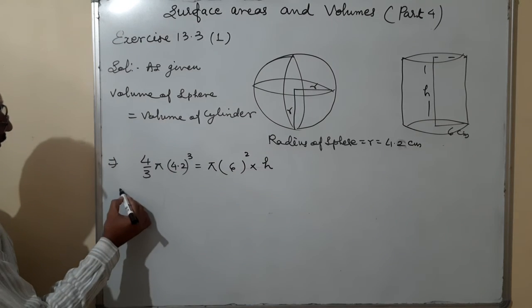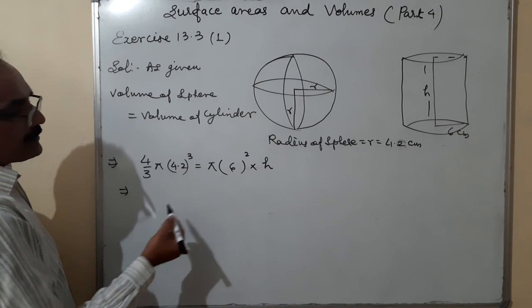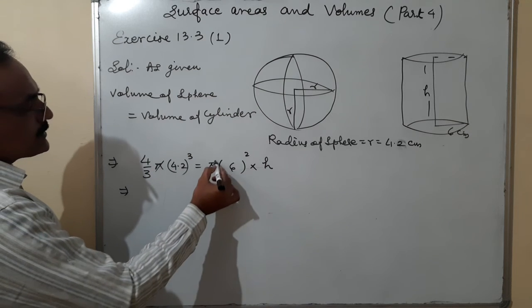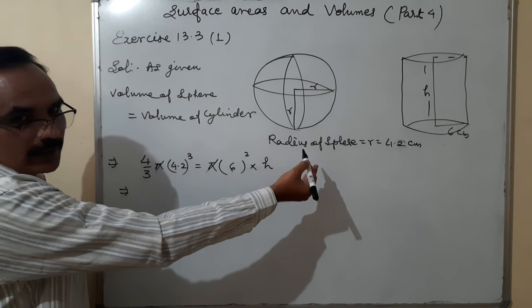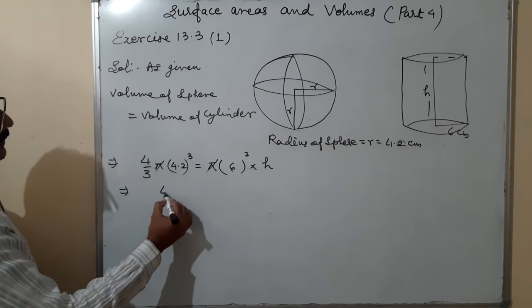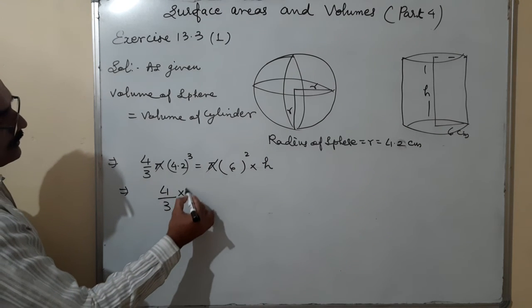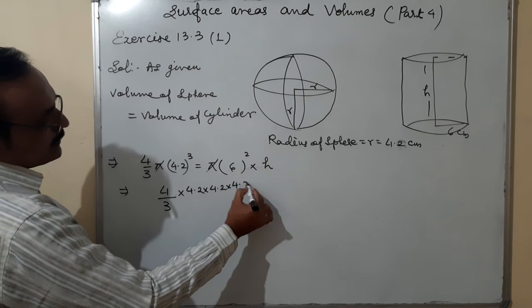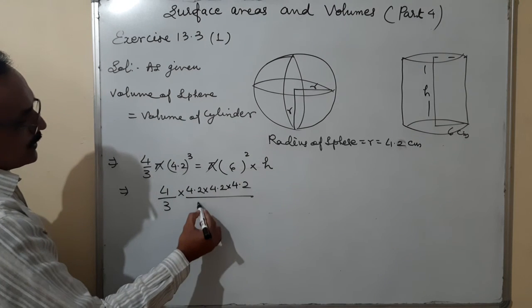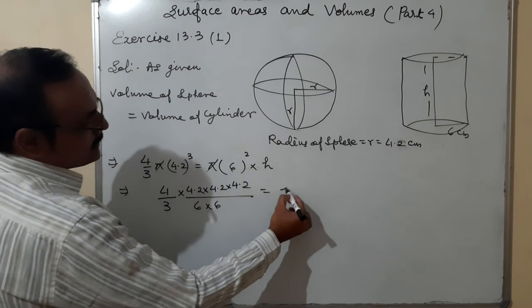Okay, here what should be done? From the left hand side and right hand side, this pi will be cancelled because we are finding the value of h, so h remains on the right hand side and the other terms will be shifted. 4 upon 3 into 4.2 into 4.2 into 4.2 upon 6 square, means 6 into 6, is equal to h.